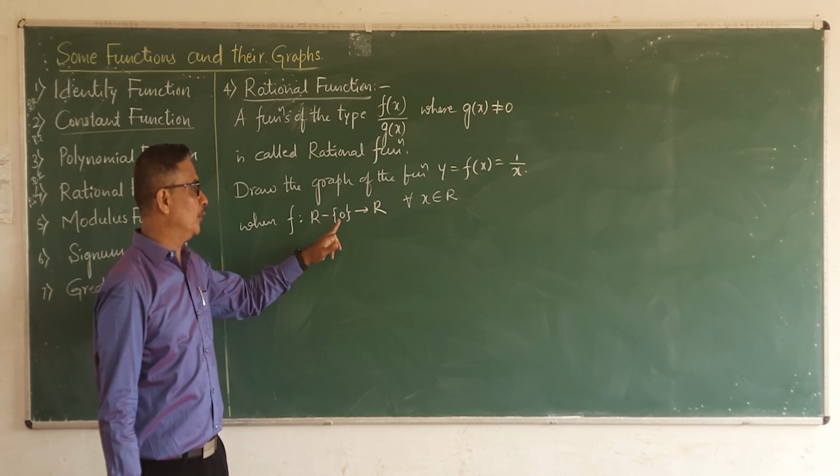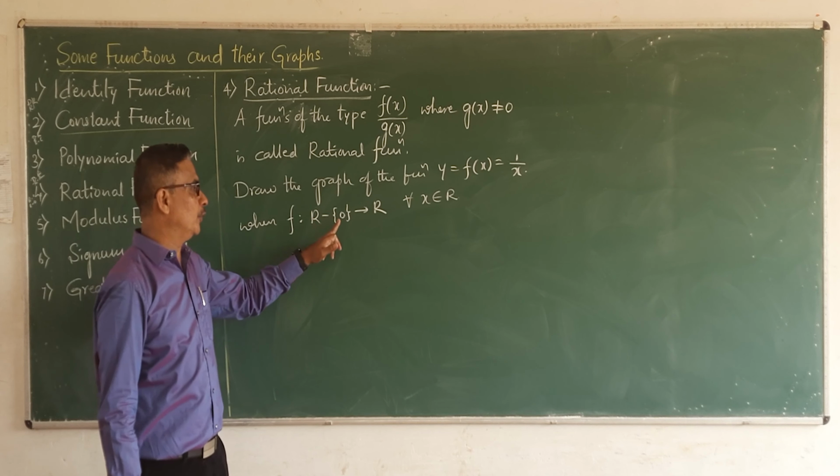Now again, draw the graph of the function. Here, the horizontal line is the x axis, the vertical line is the y axis. This is the negative direction of the x axis, this is the negative direction of the y axis. This is 0. The right side is positive numbers, and so on.